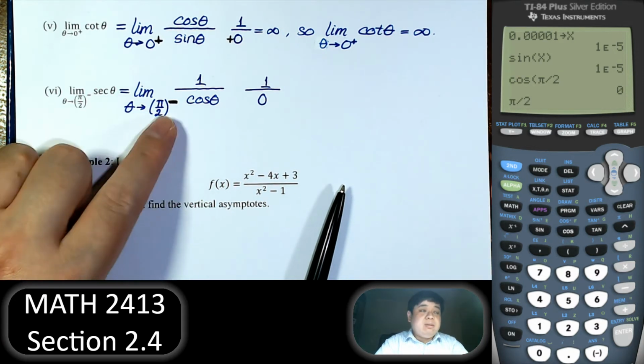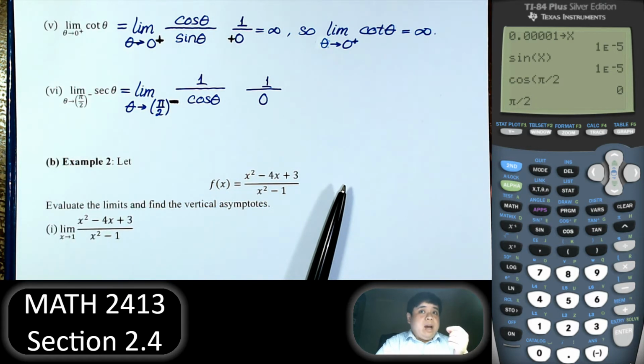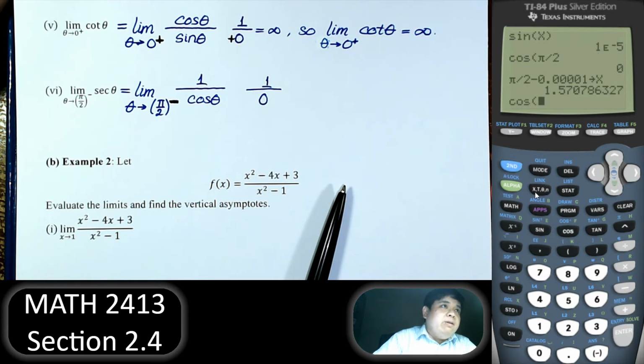If it is from the left side of pi over 2, it means we have a number that is smaller than pi over 2. So I will subtract a very small number, because pi over 2 is a small number already. So you want to be relative. You want this number a lot smaller than the actual numbers here. So let's store that into x. And now cosine of x is positive.